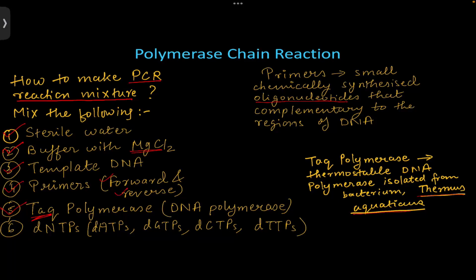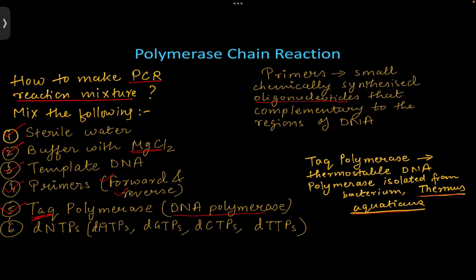Now, this bacterium grows in very hot environments like hot streams, where temperatures are above 100 degrees Celsius. From this particular bacterium, people have isolated this DNA polymerase, which is now called Taq polymerase.